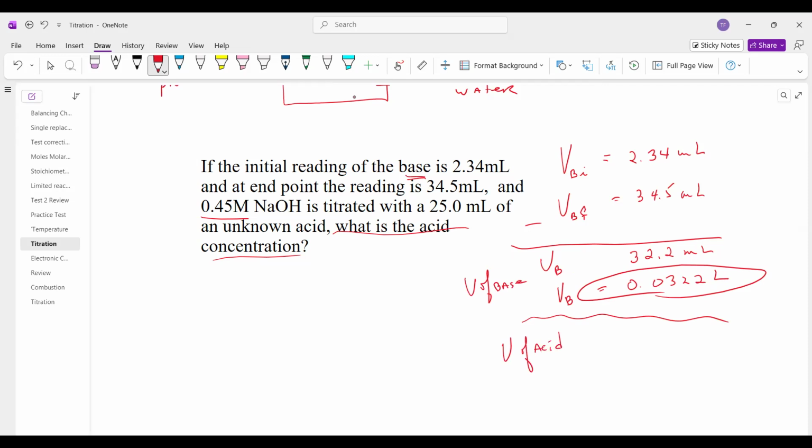The volume of our acid is 25 milliliters, converted to liters. Then we know our concentration of sodium hydroxide.